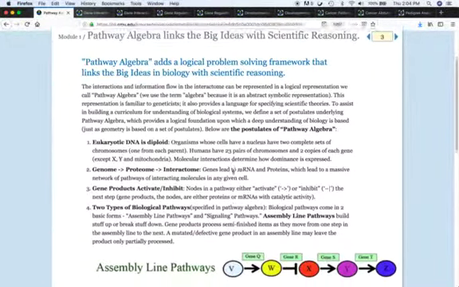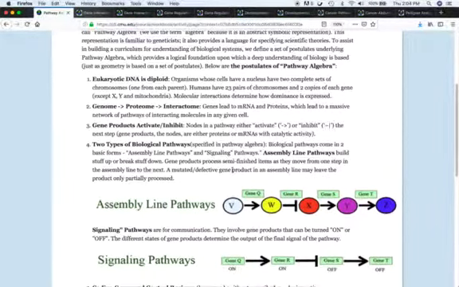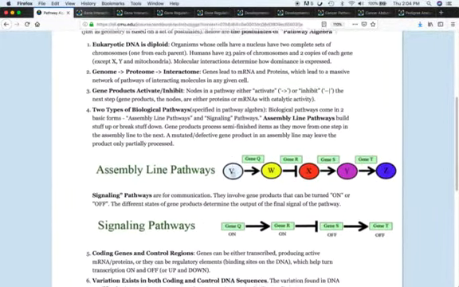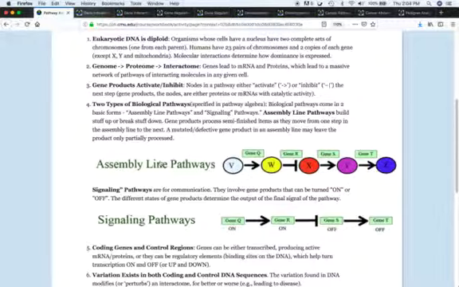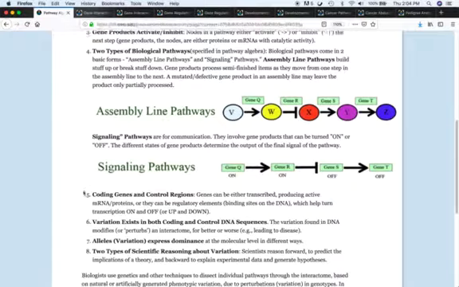There are several statements or concepts that make up pathway algebra for biology. We call these postulates in much the same way that postulates form the foundation for geometry. They are based on key discoveries in the history of biology and are features of any area of study in biology. The most important organizing postulates here are the existence of two types of pathways.